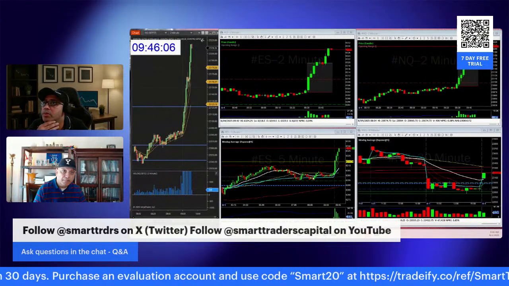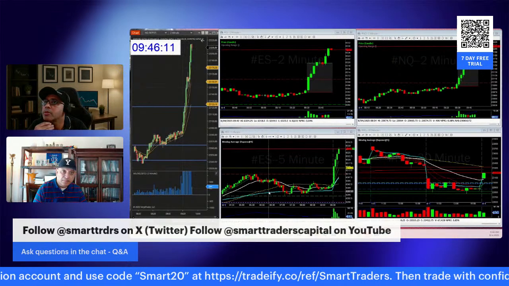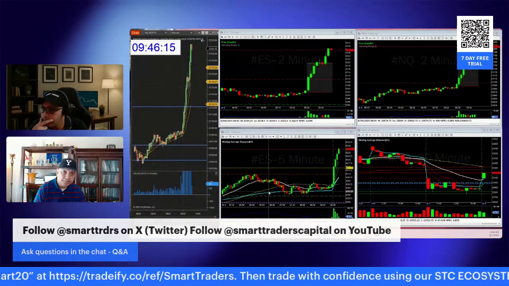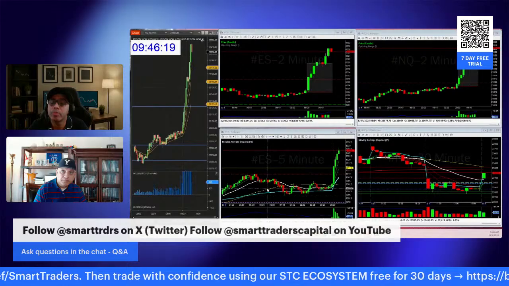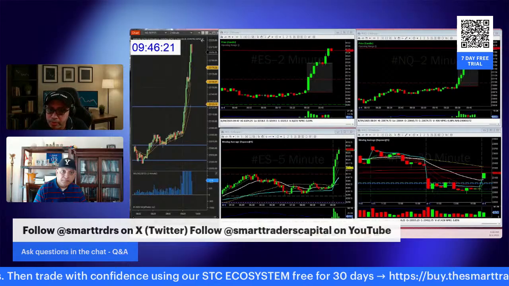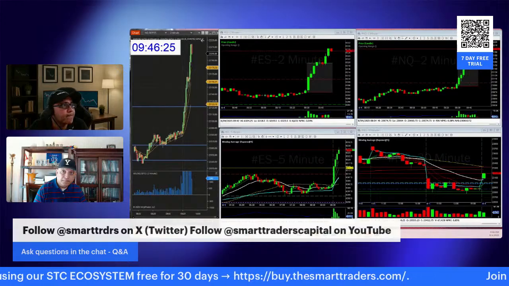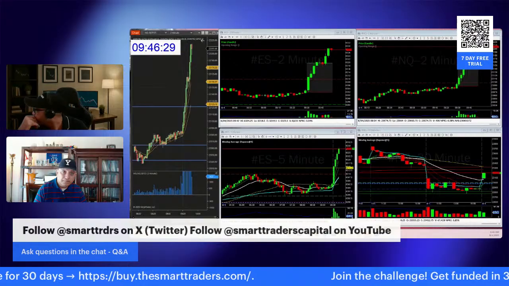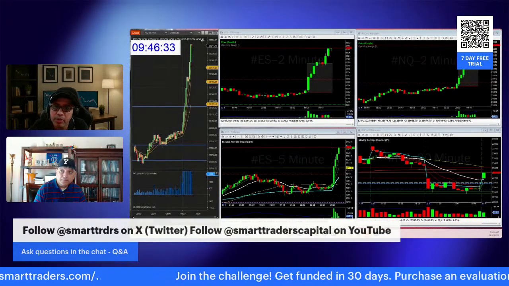You just need to wait a little bit. Look at this move. It's a really strong move that came in. Still very strong. Look at this again, another pullback.